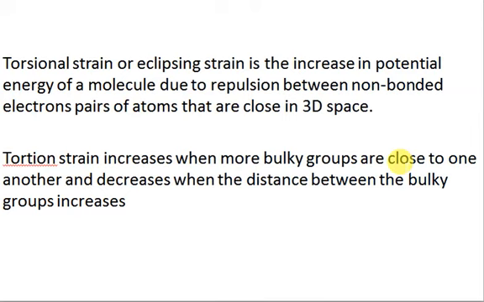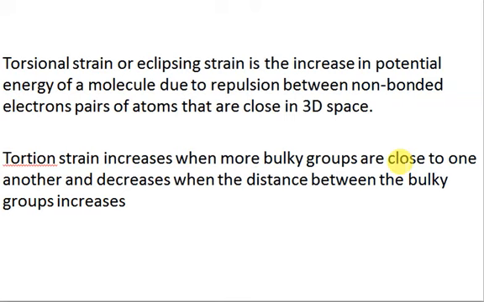In the third type, torsional strain, the atoms are directly bonded to each other, so the 2 groups are at a distance of 3 bonds, and while rotating, these groups come closer to each other in 3-dimensional space. When they become parallel to each other, we say they are eclipsing each other. At the point of eclipsing, the repulsion of electrons becomes maximum because the bonds are at the maximum close distance. Because of this repulsion of electrons, the system becomes unstable.